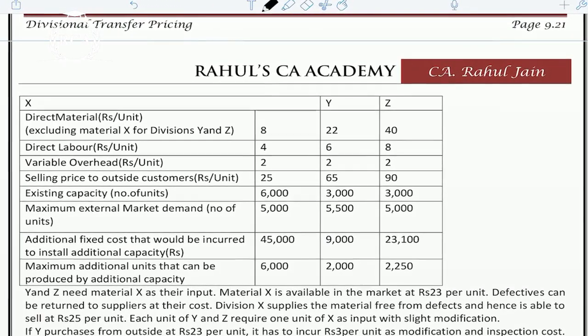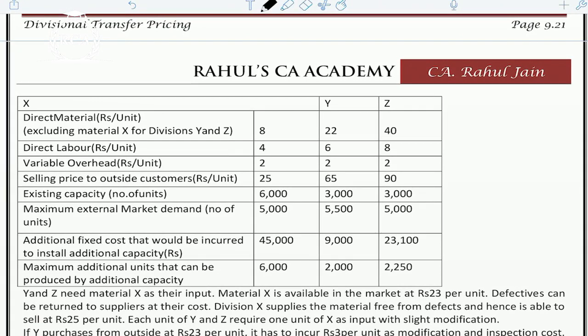All of you, do read the question properly.